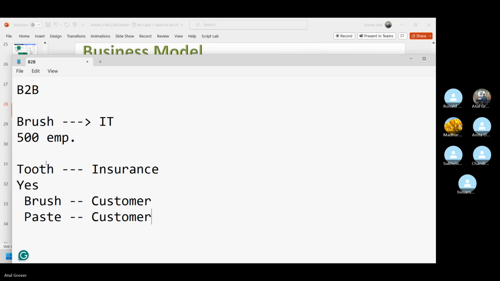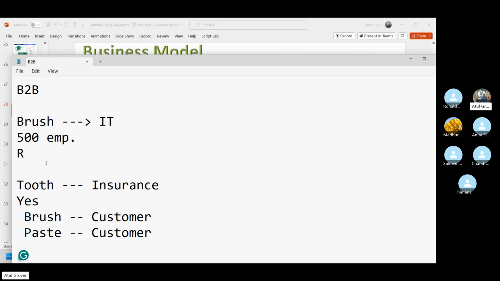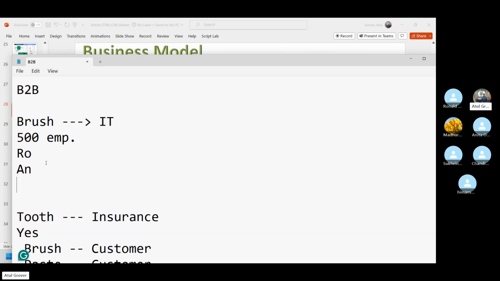Now let's go a little bit deeper. Let's say in this Brush company we have an employee called Ronald, an employee called Anita, and an employee called Chandramani. These 3 employees get insurance from the Tooth company.